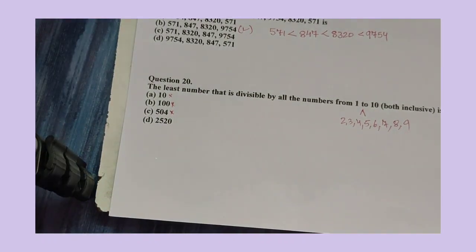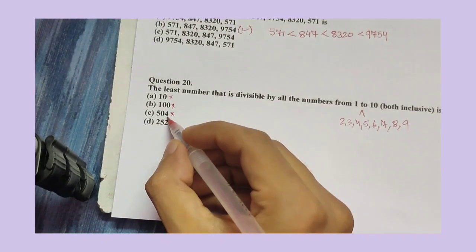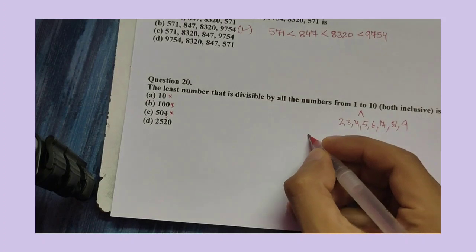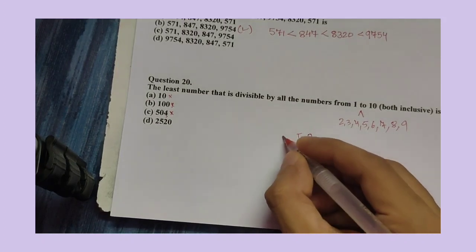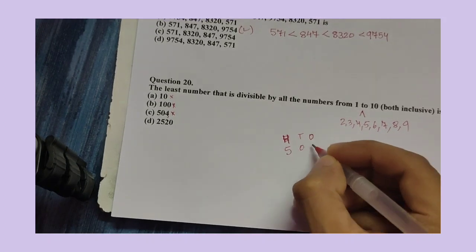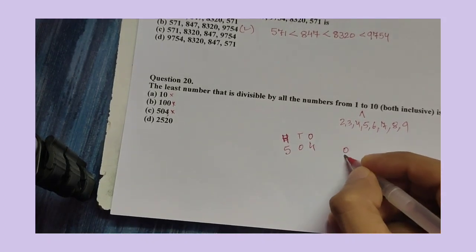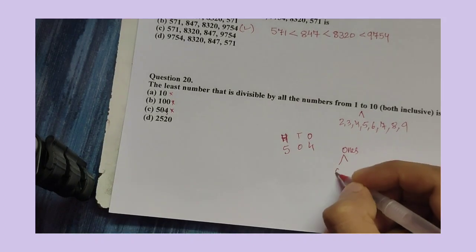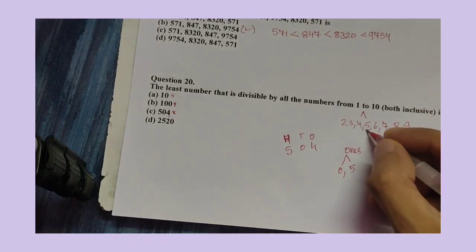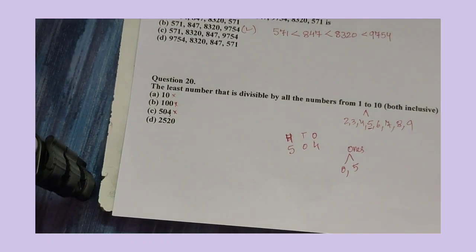Why? Because the ones place is 4. The numbers which have ones place 0 and 5, these numbers only will be divisible by the number 5. Rest of the numbers will not be divisible by 5.